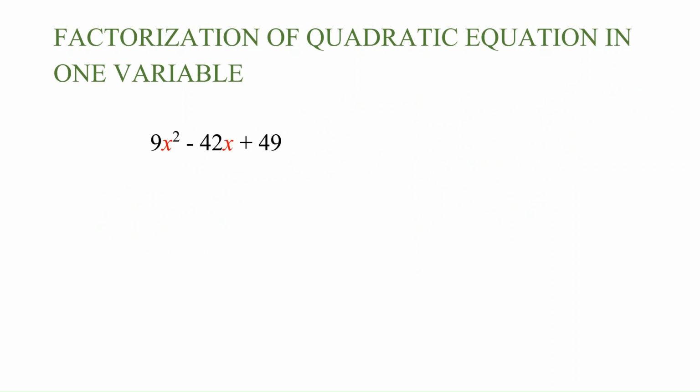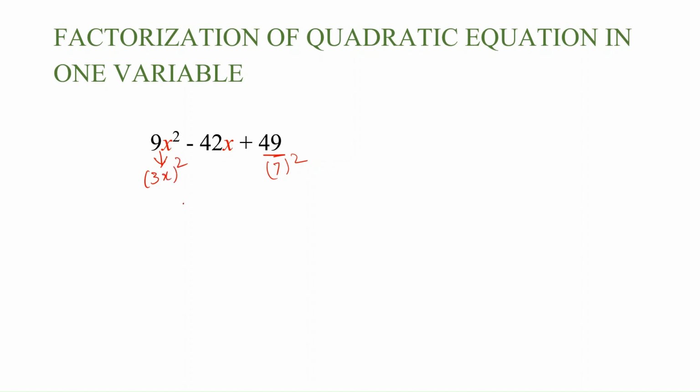Now we'll consider a polynomial which is not monic. This means here in place of a we have 9. We will again follow the same steps. Check the last term. This can be written as a square. Now check the first one also. 9x square can be written as (3x) whole square.